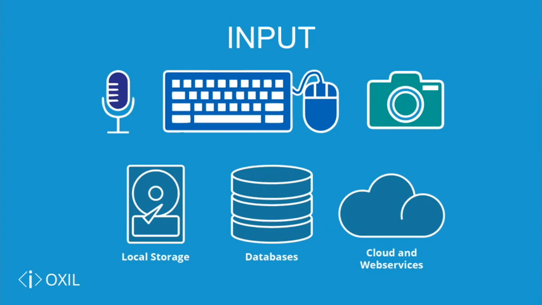Other sources of input for software would be more commonly known as data, or I guess information, and that would often come from storage devices such as disks on your computer. These days, increasingly, we get data from databases, and more often in software from cloud and web services, which is the more common place to get data these days.